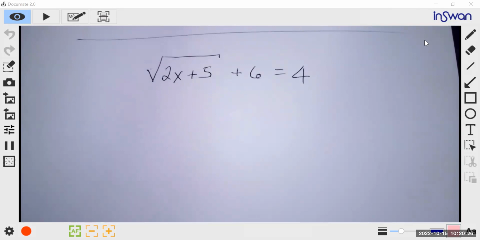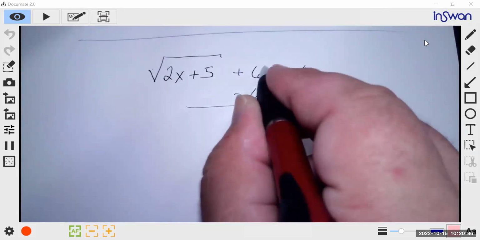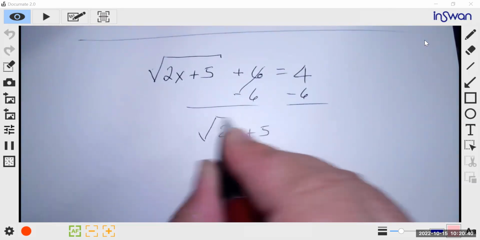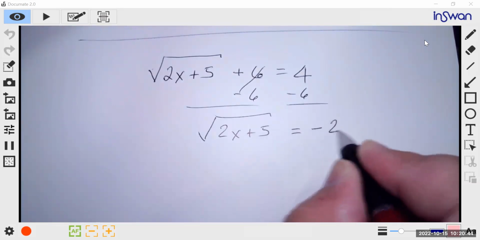Okay, let's try this one. Square root of 2x plus 5, plus 6 equals 4. Subtract 6 from both sides. The square root of 2x plus 5 equals negative 2.